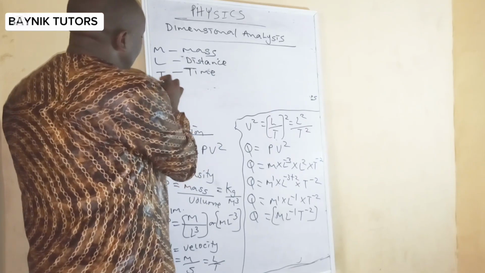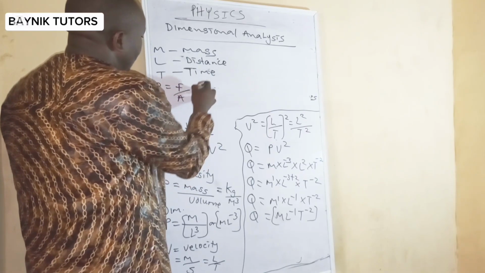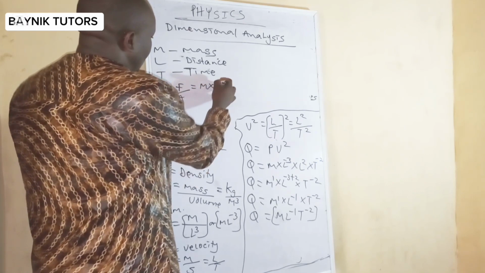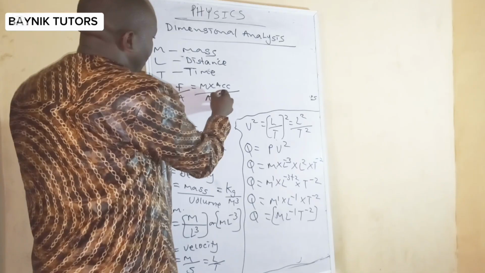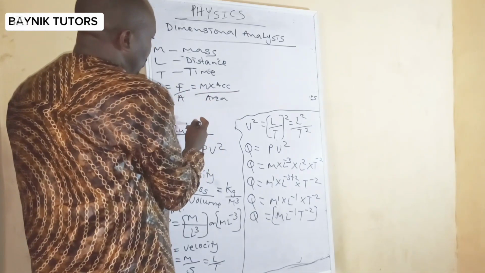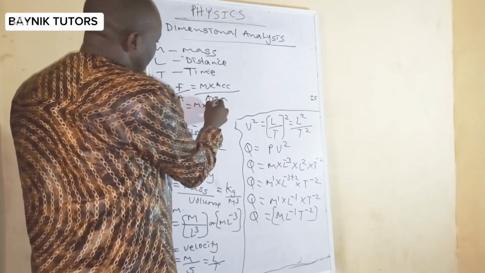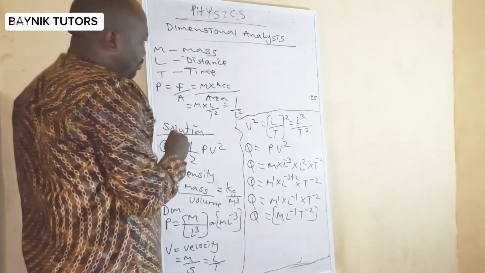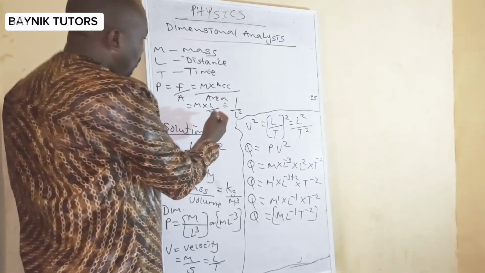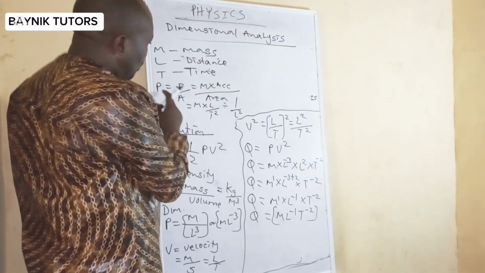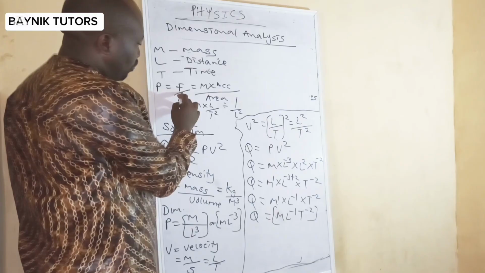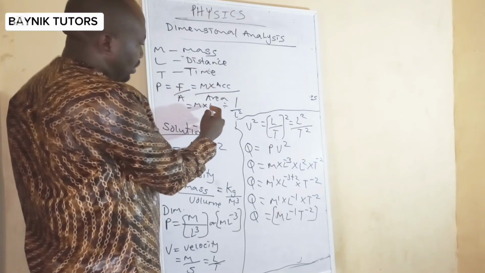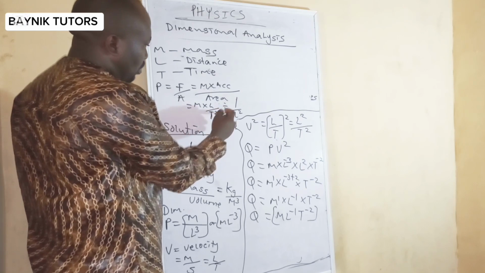Let's look at pressure. Pressure is force over area, which is mass times acceleration over area. That would be M times L over T square. And if we check pressure against Q, we validate that P is equal to force over area, so this is mass times acceleration divided by area. This is M times L over T square divided by L square.